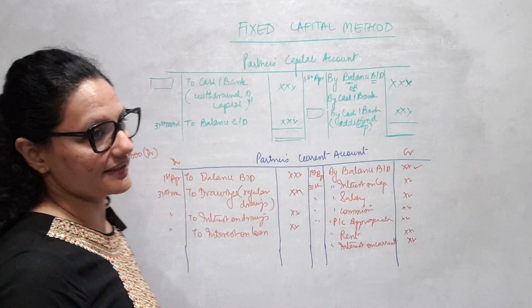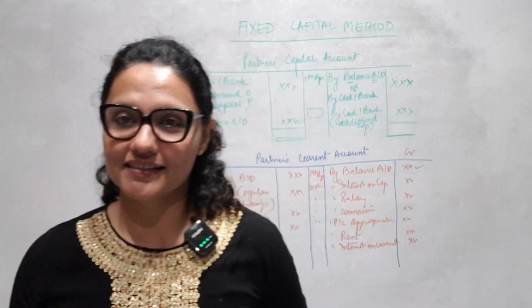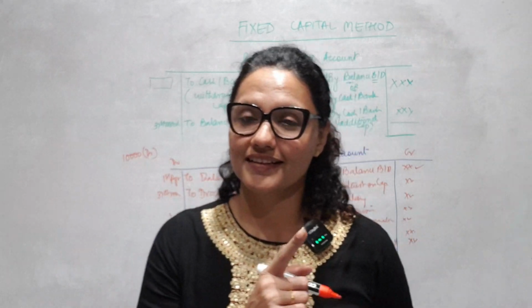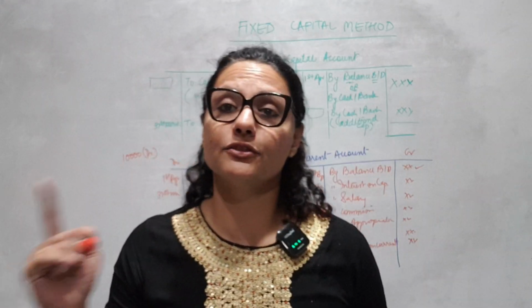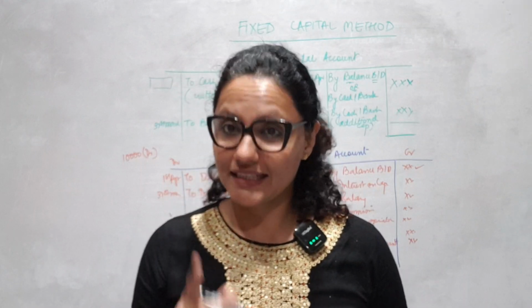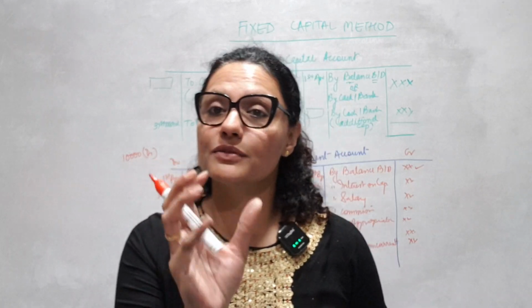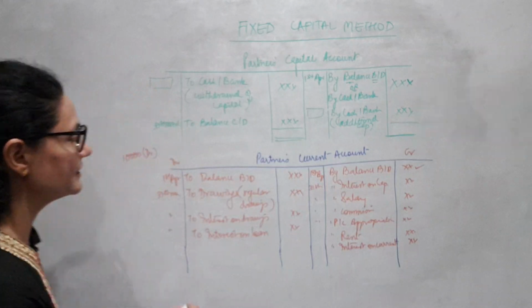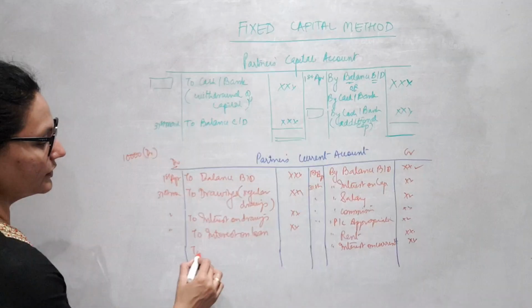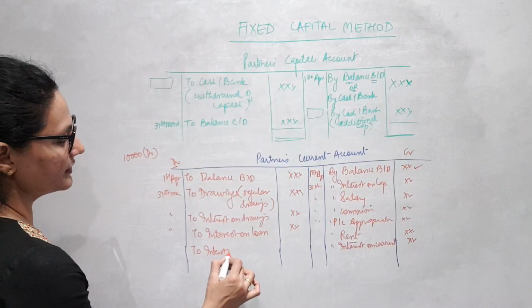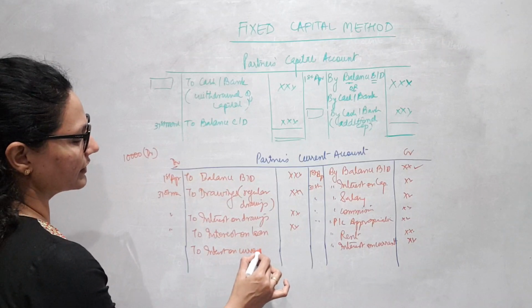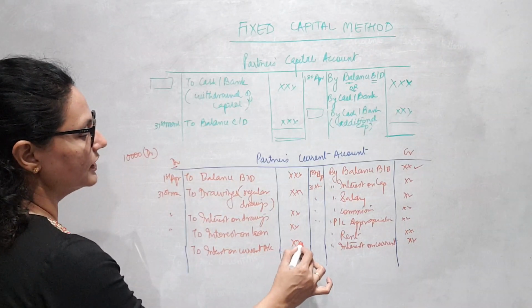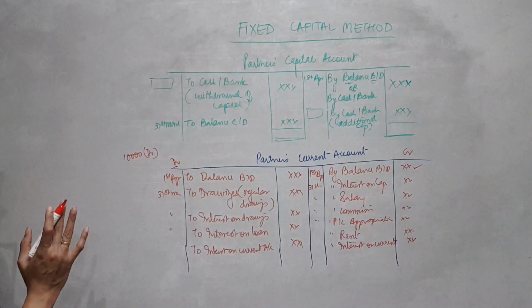And in case the sum says also charge interest on the debit balances of current account, in case it uses this word, charge interest on current account as well on the debit balance, and the partner has a debit balance, we will write here interest on current account because this is going to be charged. Charge meaning you reduce the current account balance.